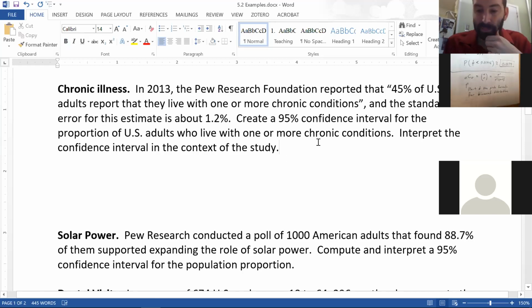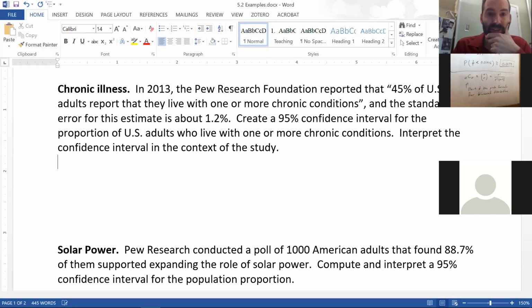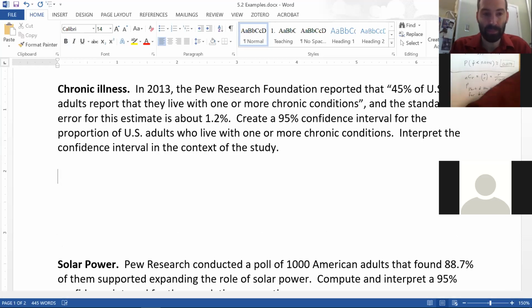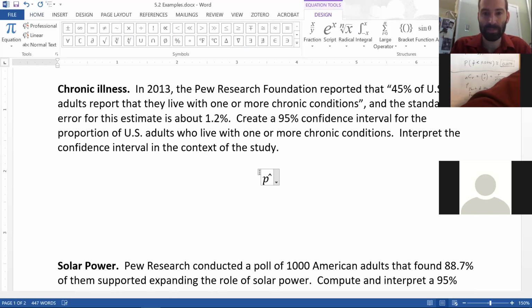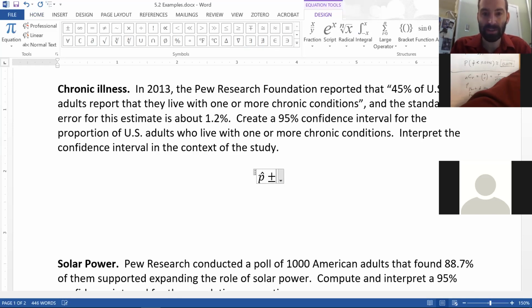Okay, well, we know the confidence interval is p hat, right, plus or minus 1.96 times the standard deviation of the sampling distribution, or the standard error.